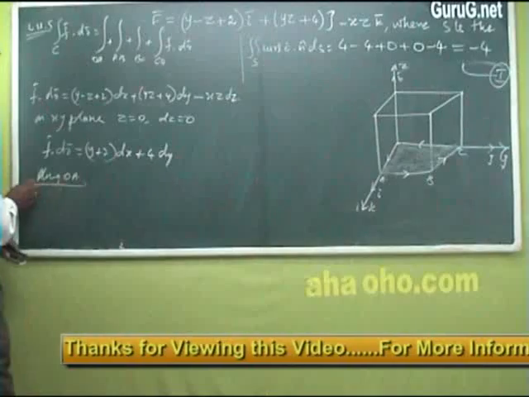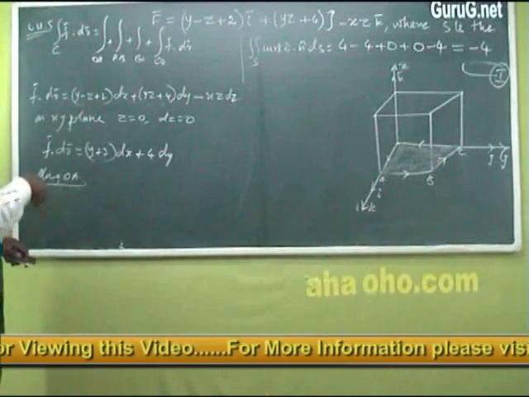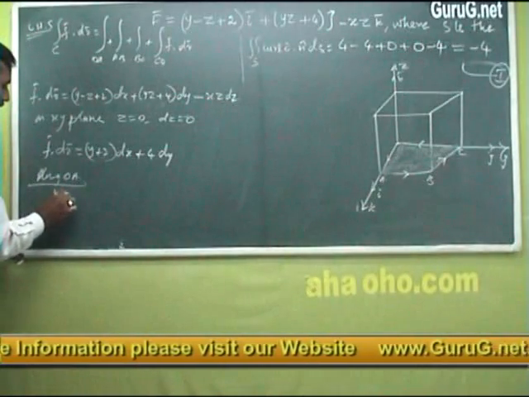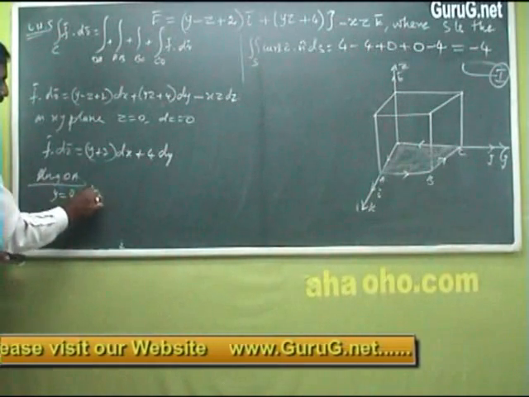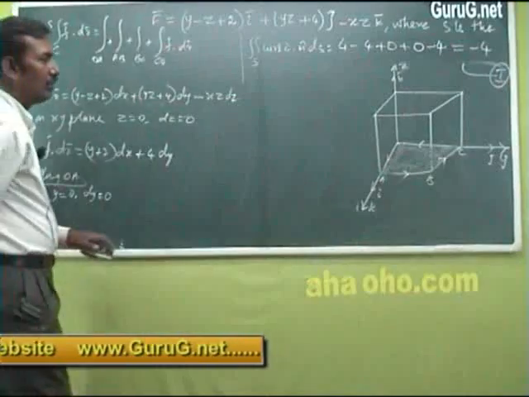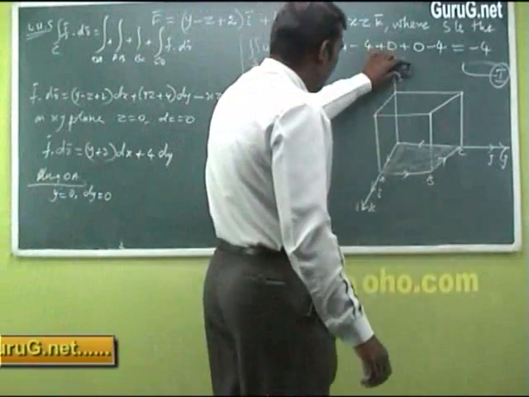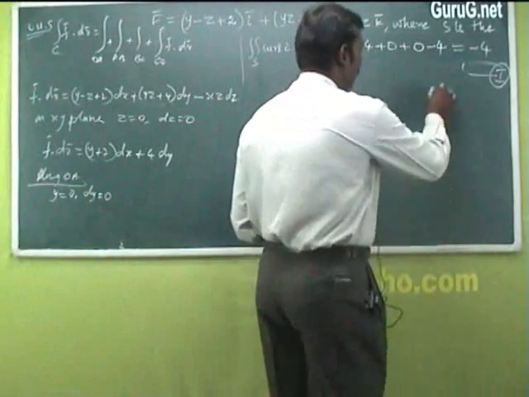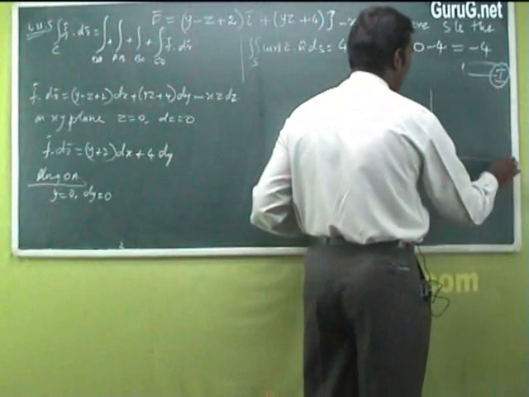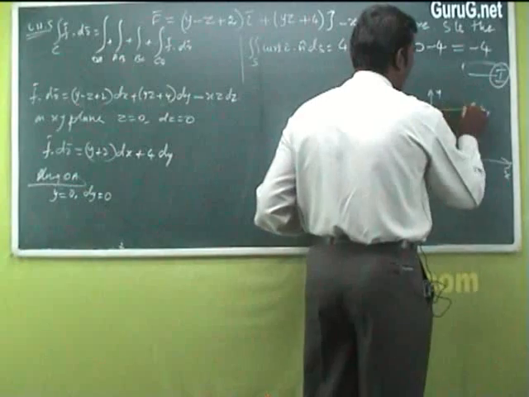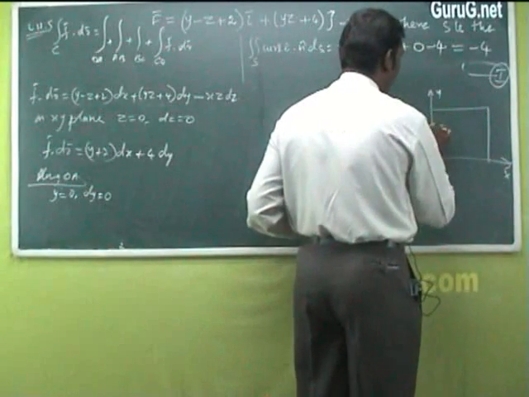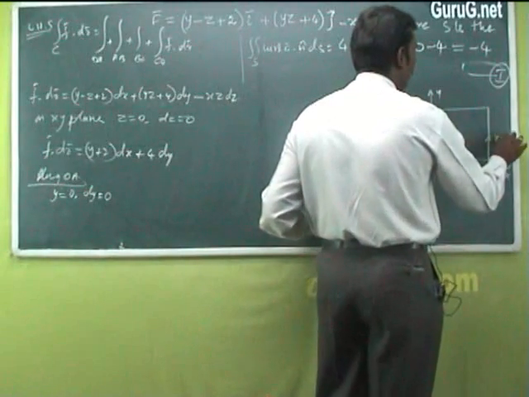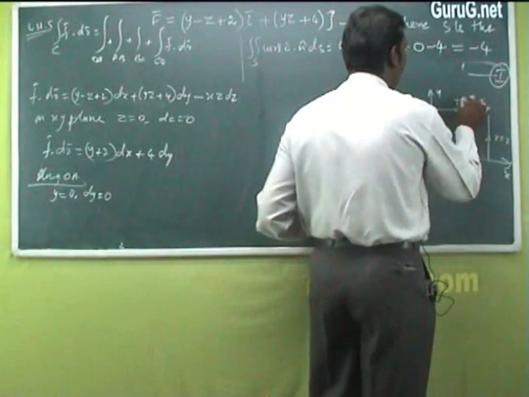So along OA, what will be the line OA? OA is y equal to 0, right? So dy equal to 0. So for easier understanding, draw a 2 dimensional diagram. This is the x axis and this is the y axis. So this is x equal to 0 and this is y equal to 0, x equal to 2, y equal to 2.